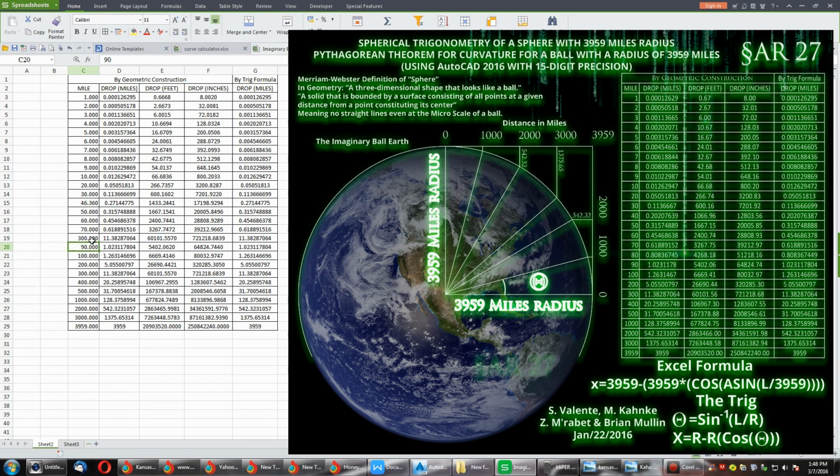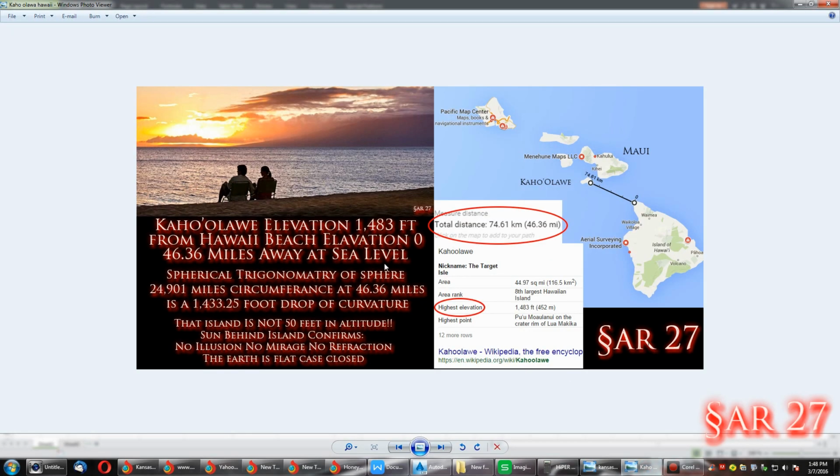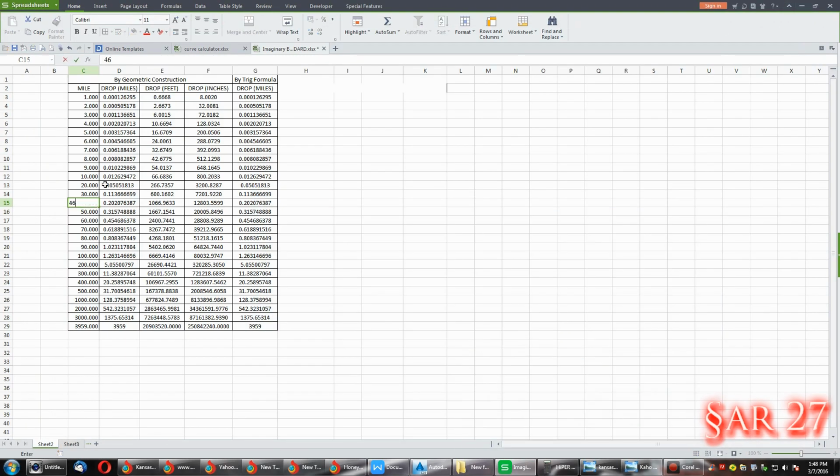The equation on the curve chart is 100%, but people keep on telling me that it's wrong. So what we're going to do here is we're going to go back and look at the miles. 46.36. That is 1,433 feet, and this is the decimal point in miles.